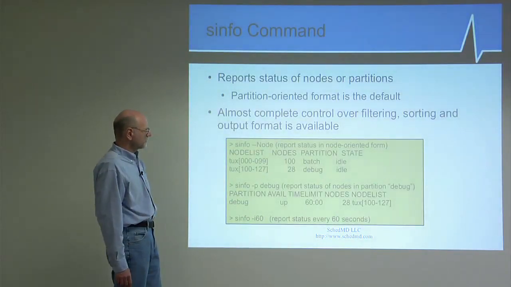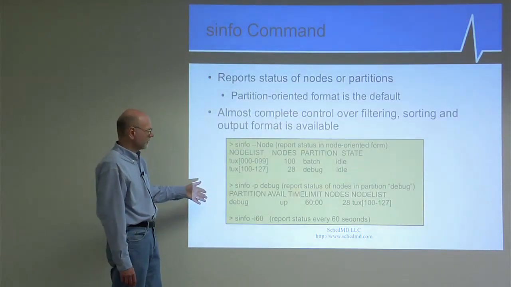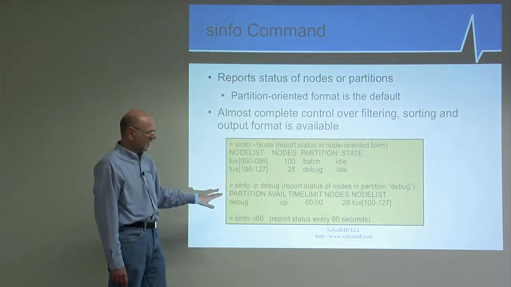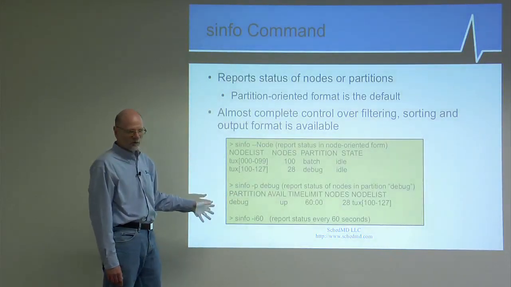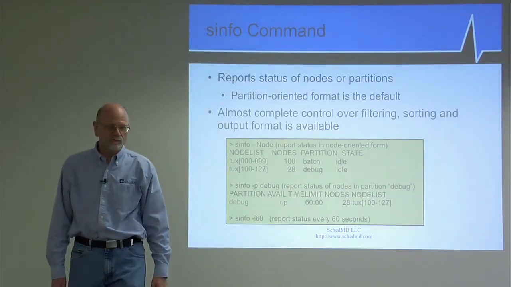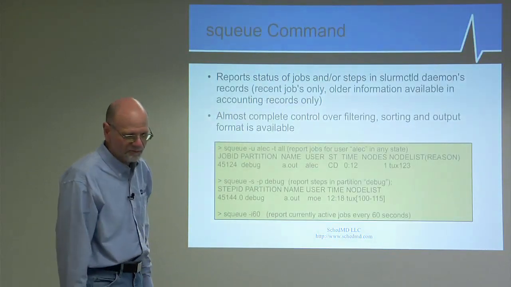There are options available which you can either set on a command line or by setting environment variables that control exactly what information you get, the format you get it in, how it's sorted. So you can make these tools look like pretty much anything you want for the system or job information.